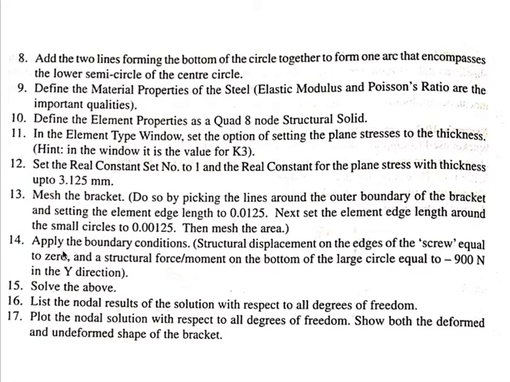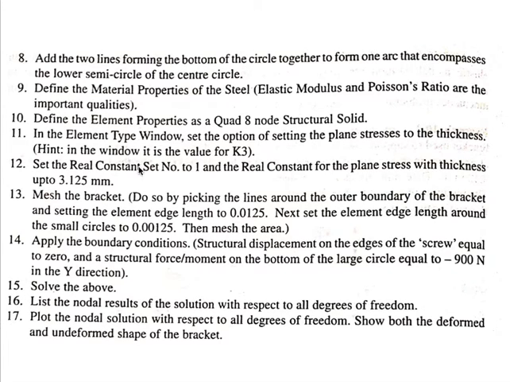Apply boundary conditions. We need to set the boundary condition, that would be structural displacement on the degree of freedom equal to 0 and structural force or moment on the bottom of the large circle equal to 900 Newton in the y direction.